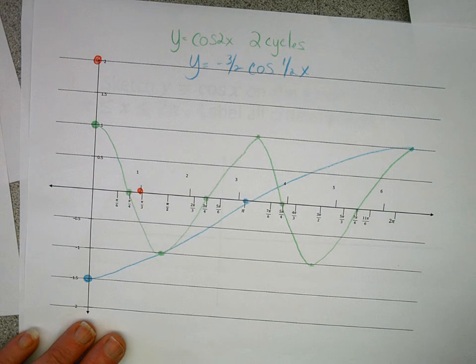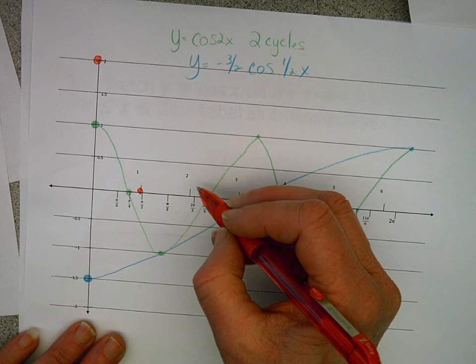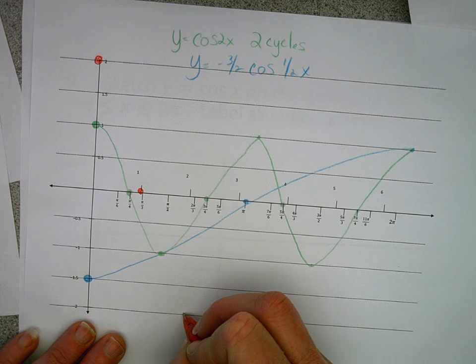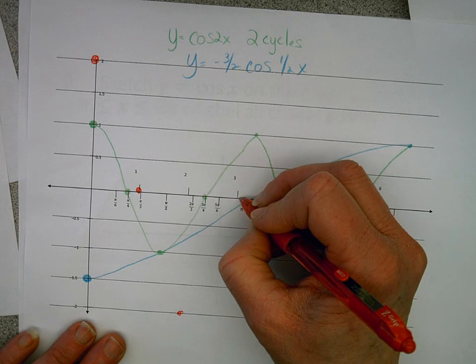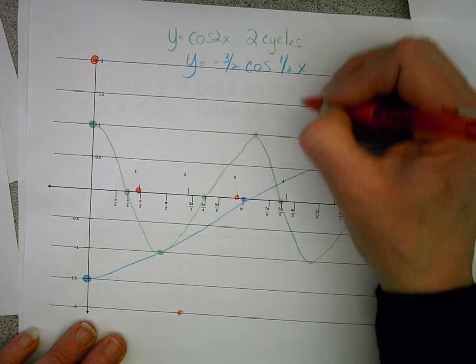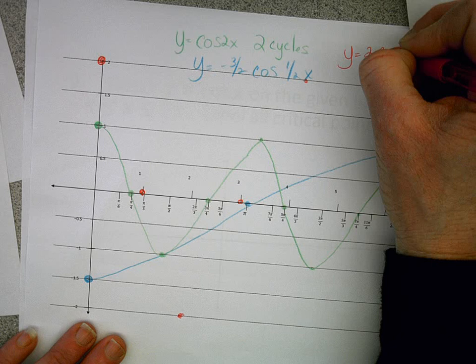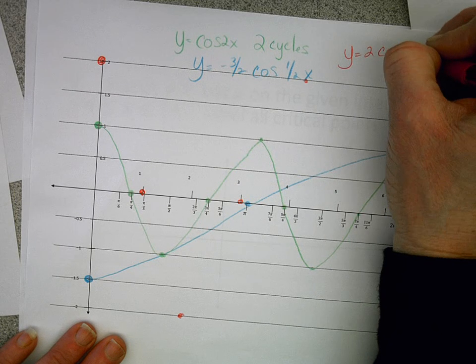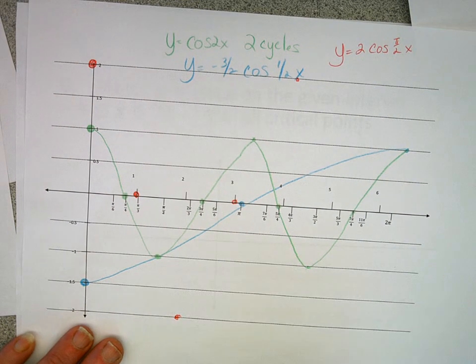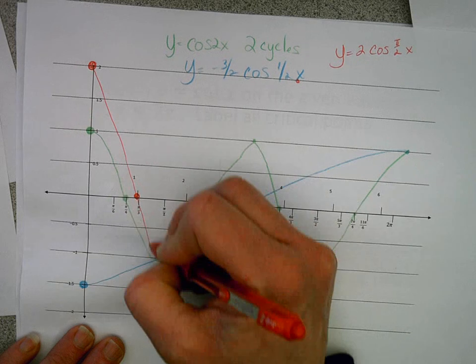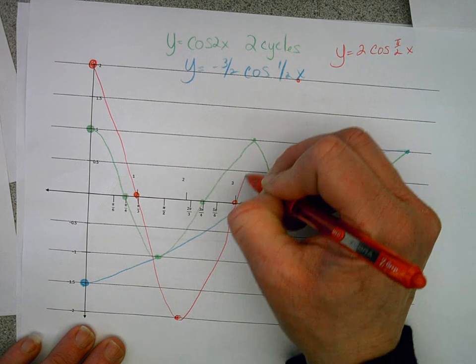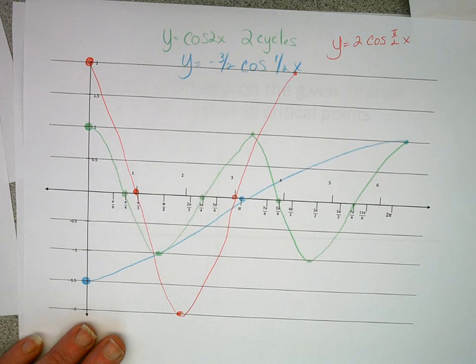You don't have to do anything else. 2 was negative 2. 3 was 0. And 4 was back to 2. So this is y equals 2 cosine pi over 2 x. Still looks like the same type of graph. It's got a higher amplitude than the other ones.